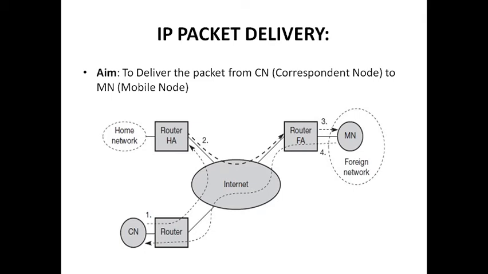Correspondent node routes the packet to the home agent via the internet, and home agent, knowing that mobile node is not staying in the home network, will encapsulate the packet by adding an additional header which consists of HA as a source address and COA as destination address, and it will route the packet to the foreign agent. COA, which is present on the foreign agent, now decapsulates the packet and sends it to the mobile node in step 3.